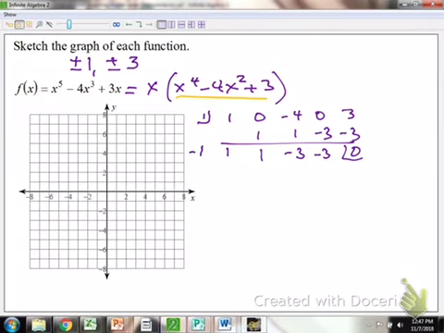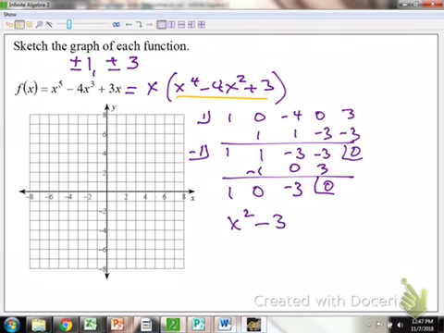Negative 1 is the next thing I would try, and I'm going to try it in this remainder that I have there. So that's negative 1, that's 0, that's negative 1. No, that's 0. That's negative 3. That's positive 3, which gives me a 0 again. And that leaves me with x squared minus 3 equals 0.